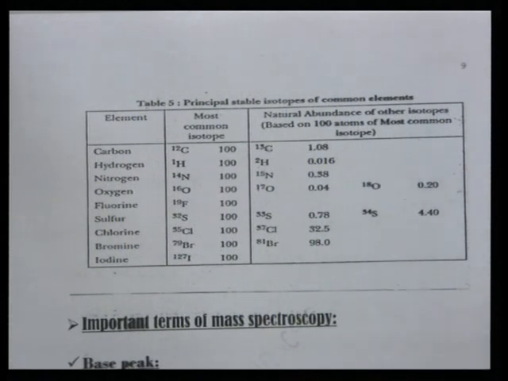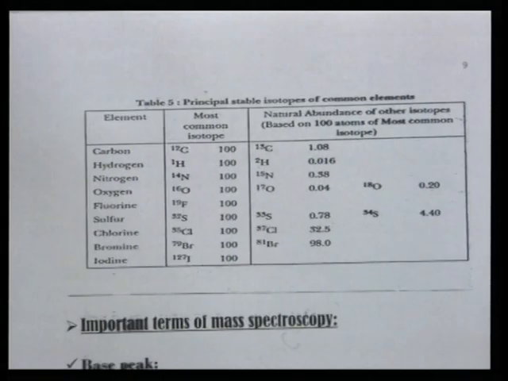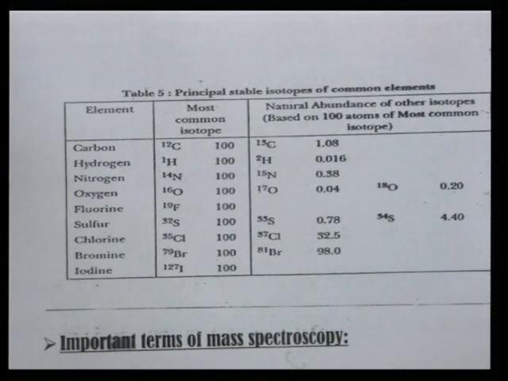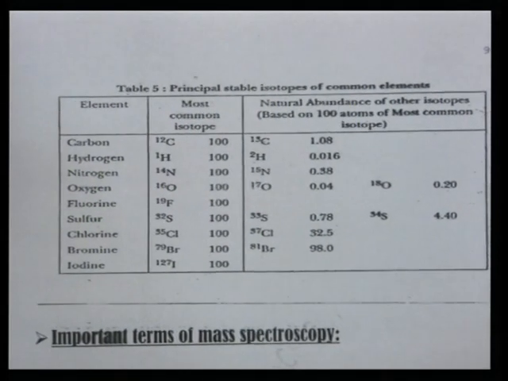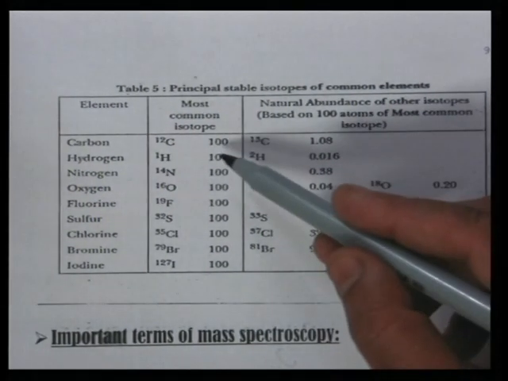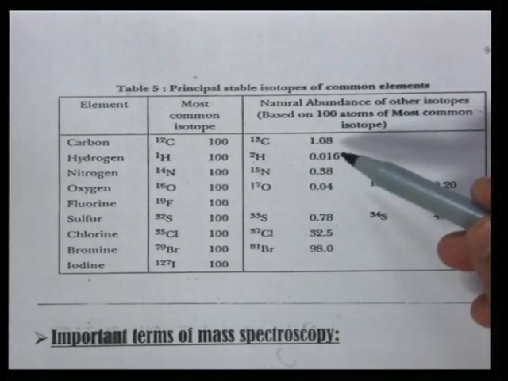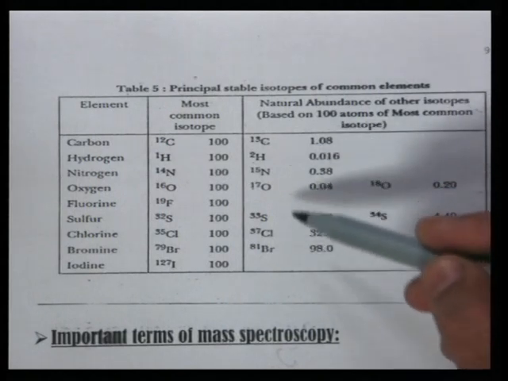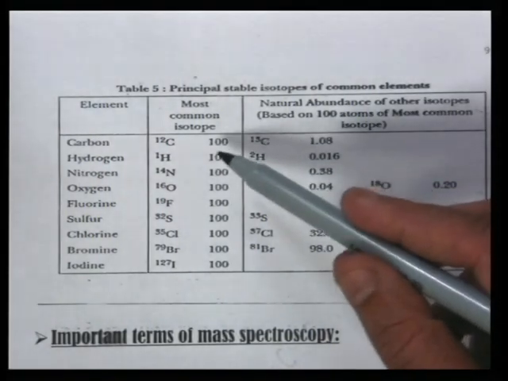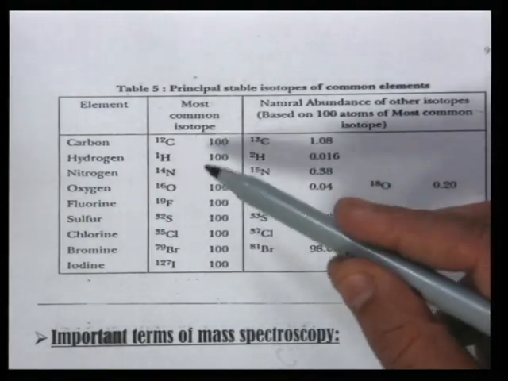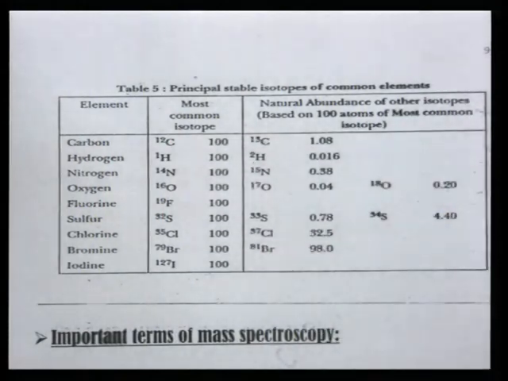Different elements are there: carbon, hydrogen, nitrogen, oxygen, fluorine, sulfur, chlorine, bromine, iodine. C12 has 100 atoms, so corresponding to that C13 has 1.08 natural abundance, the higher isotope. In general, in the molecular formula, the lower isotope is counted for molecular weight determination.